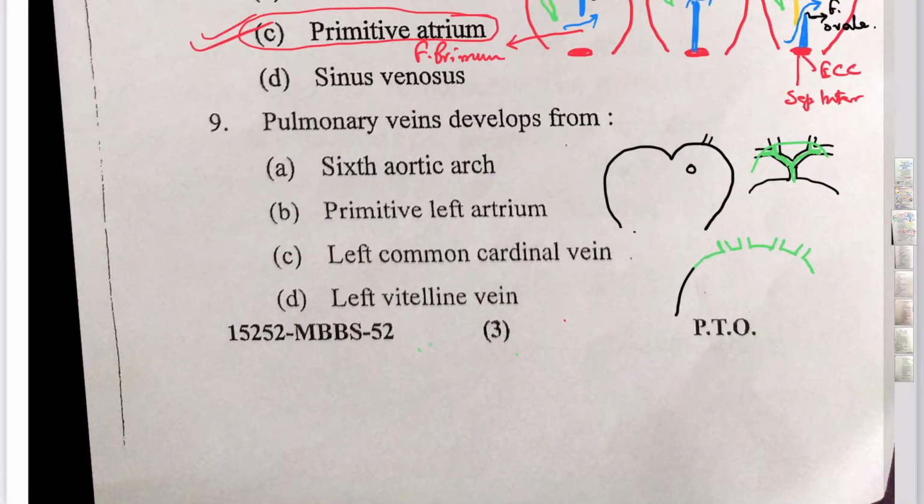This is how you will find the posterior wall of the left atrium. Remember that due to the absorption of these pulmonary veins, the dorsal wall of the left atrium forms a smooth musculature. So the smooth portion of the primitive left atrium is formed by the absorption of the primordial pulmonary veins. So the answer here also will be primitive left atrium.